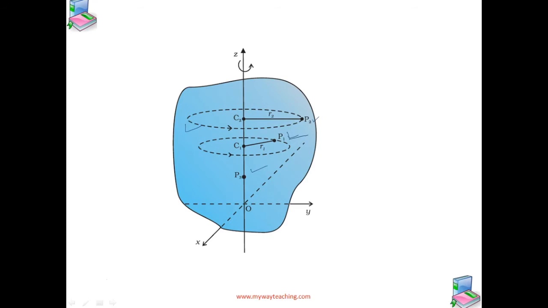In these examples, we have taken cases in which axes are fixed. We can also see some examples where the axis may not be fixed. A very good example for that is a top spinning in place.